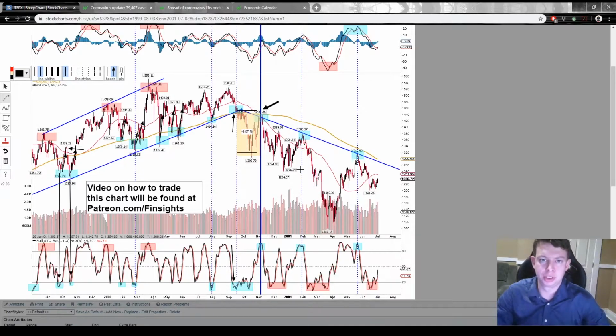You didn't lose your shirt unless you bought calls or something like that where you're leveraging your position heavily. If you're trading this, even if you're 100% in with your portfolio, your max loss would have been 9%. And that's only if you sold right here. And so that's what I mean by risk analysis by using charts.